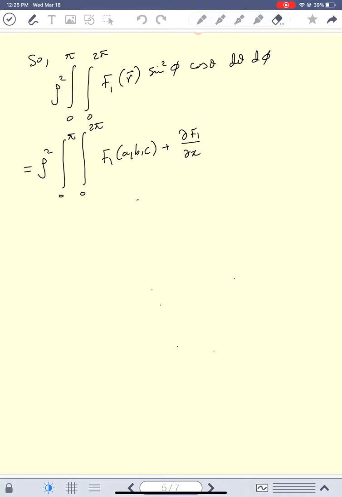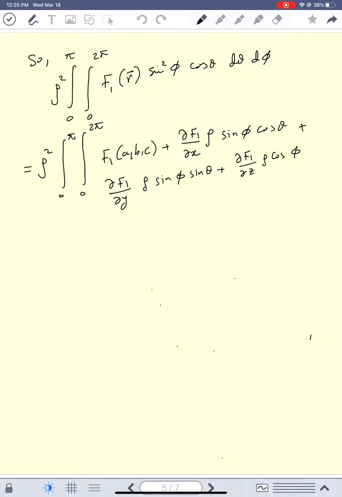So this is multiplied with rho sine phi cosine theta plus the same thing, f1 with respect to y, it should be computed at a, b, c, but again to save space, I don't want to write it, times rho sine phi sine theta plus f1 with respect to z times rho cosine phi.